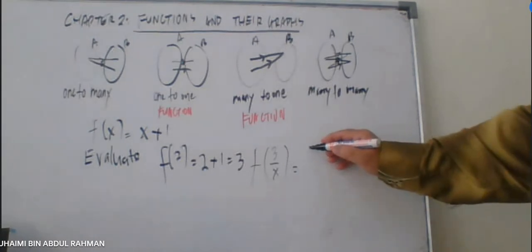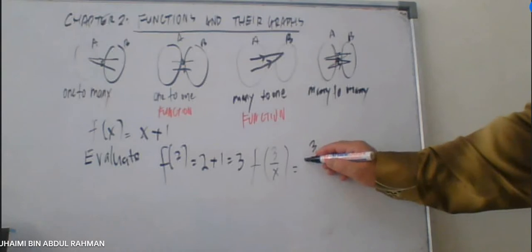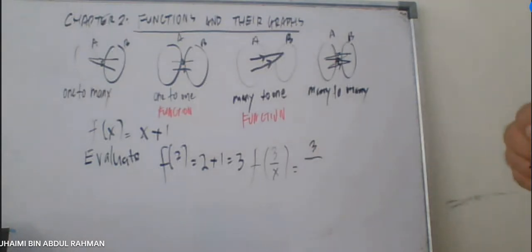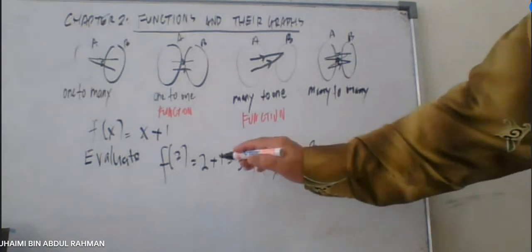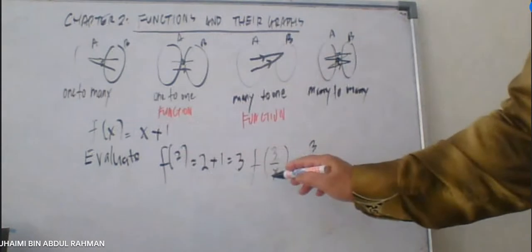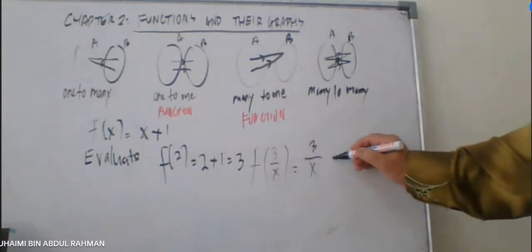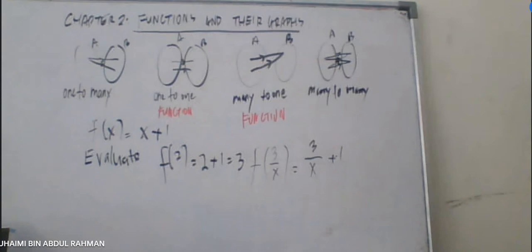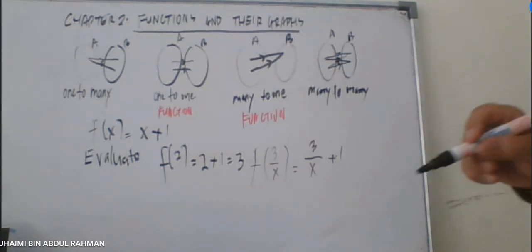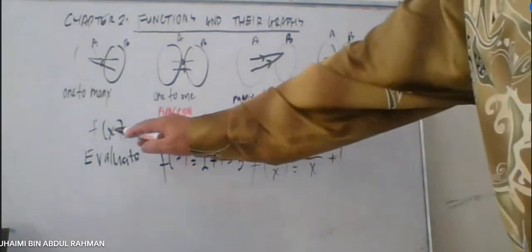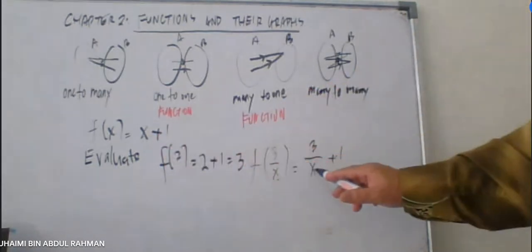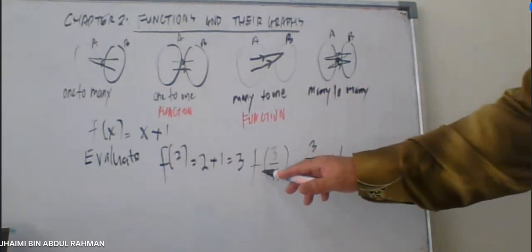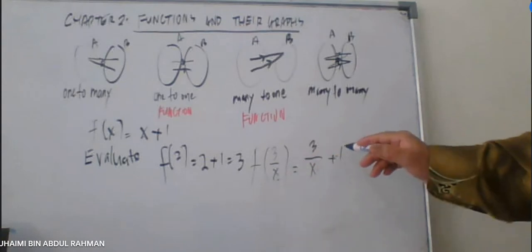You substitute 3 over x in the place of x here, so 3 over x plus 1. Look, before, x here, you replace with 3 over x. So f(3/x) is 3/x + 1.